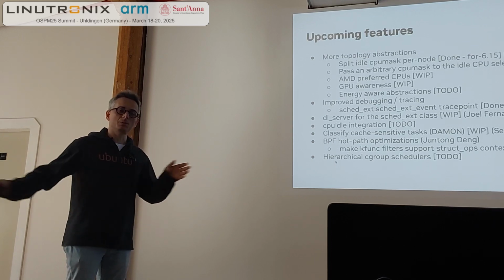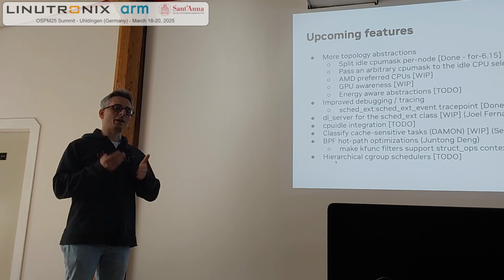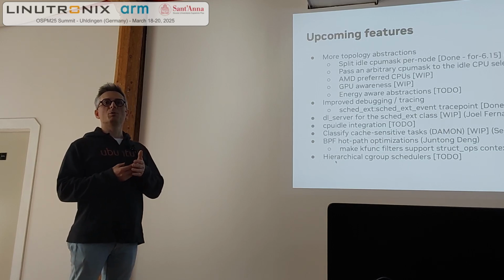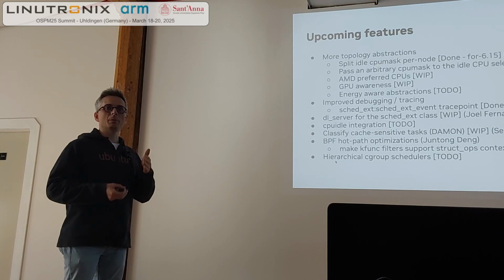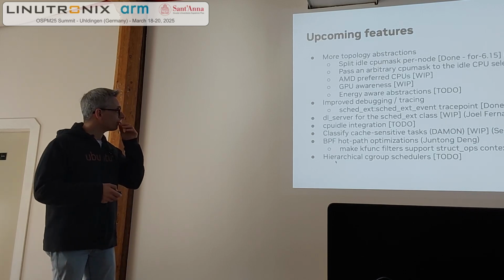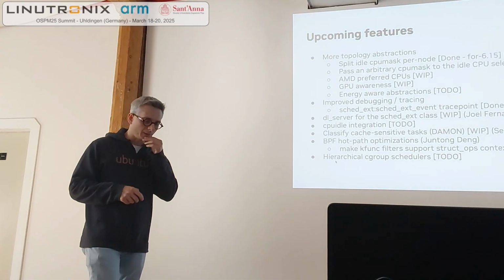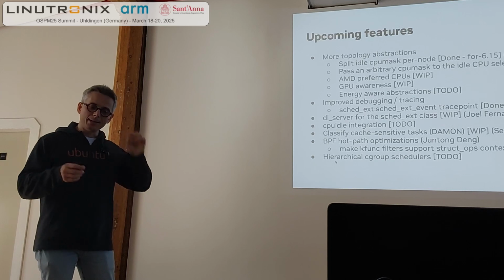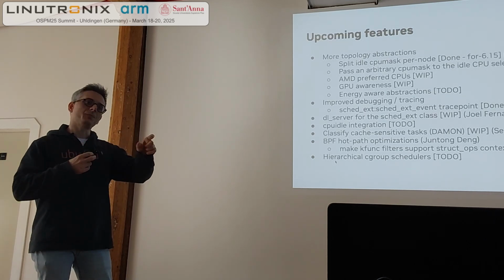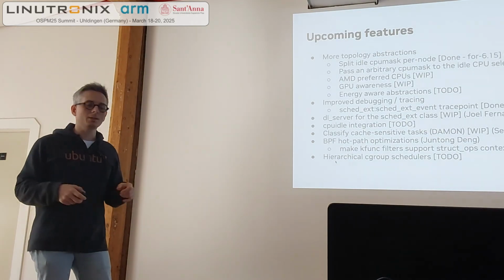If you have a system with many CPUs, all the writes into the single CPU mask are really hammering the cache, and that can be a bottleneck. So I posted a patch, now in the integration branch for 6.15, that splits the single CPU mask into multiple per-node CPU masks.